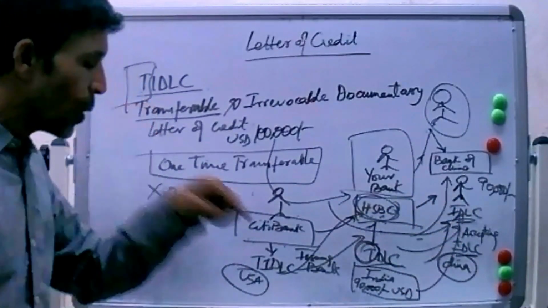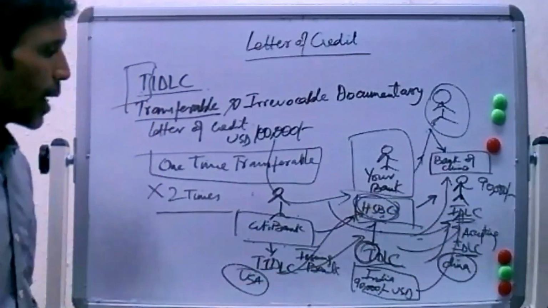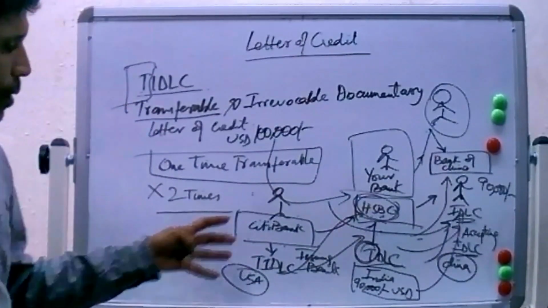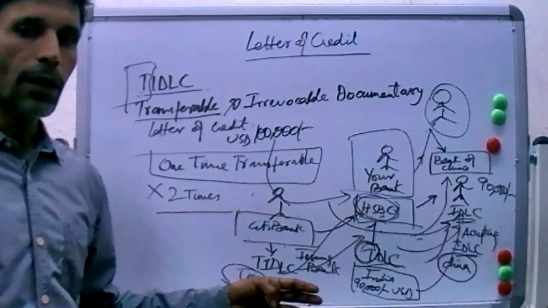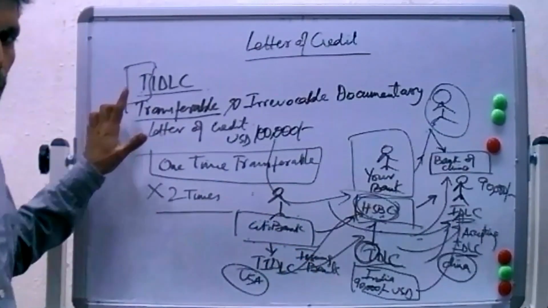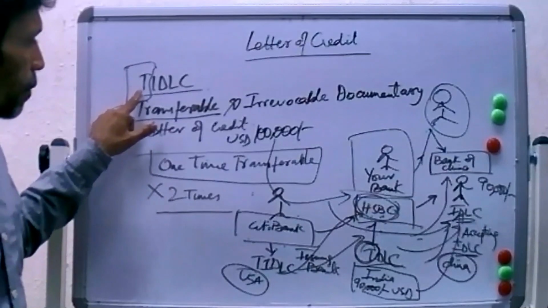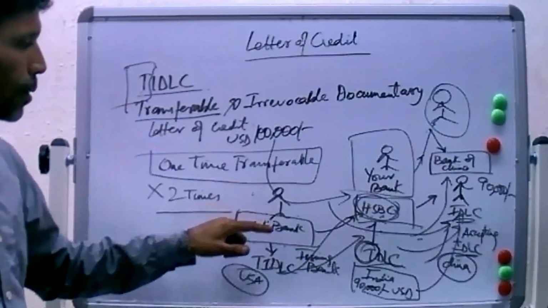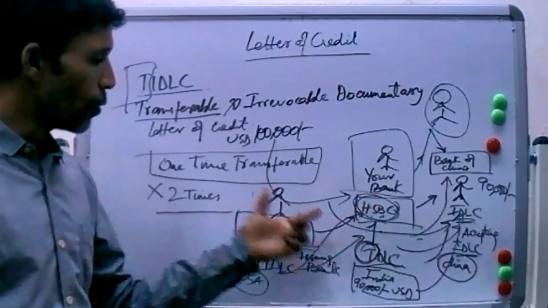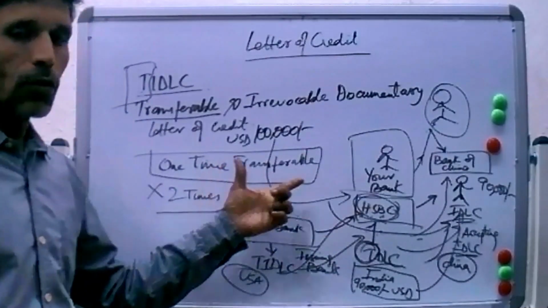So now the main thing that comes is the proof of the goods. The buyer can ask you, because this is not pre-advised. If the buyer insists, the main concern now comes to the proof of the goods. If you are new to the buyer, he can ask you about the proof of the goods.